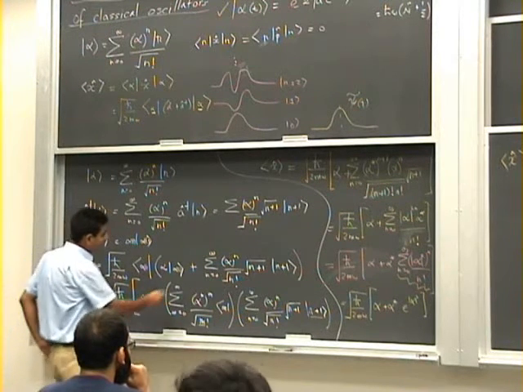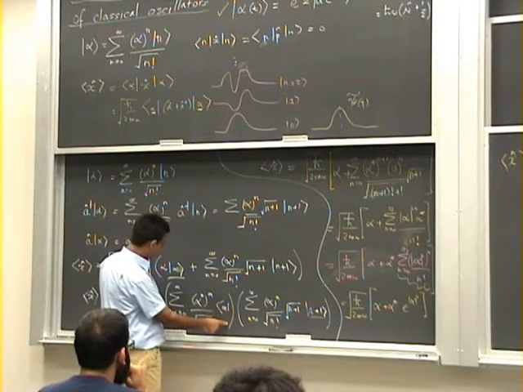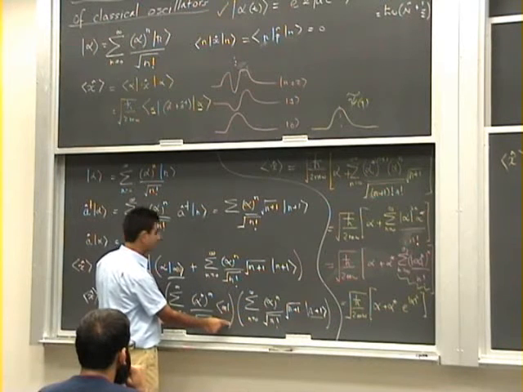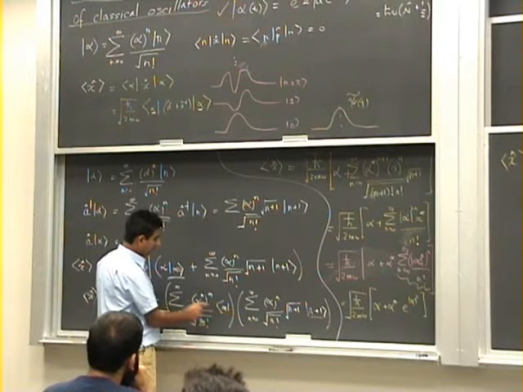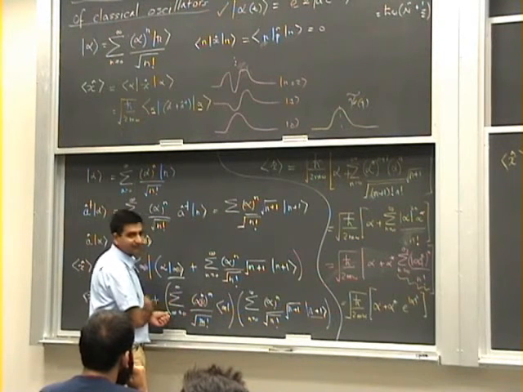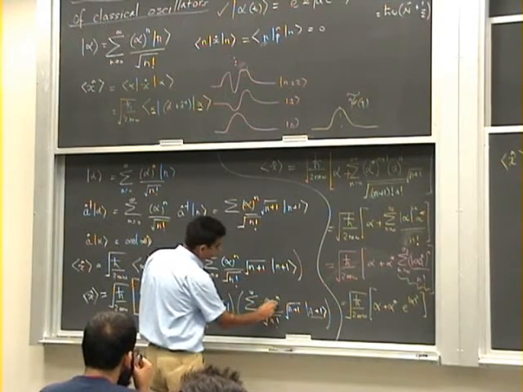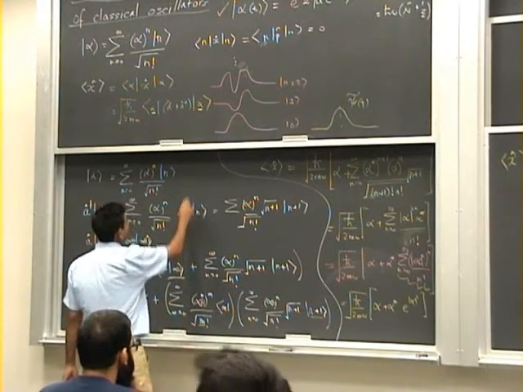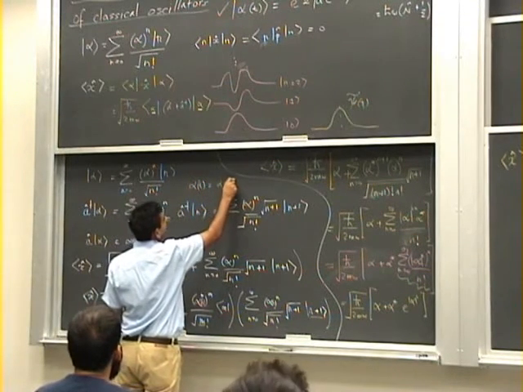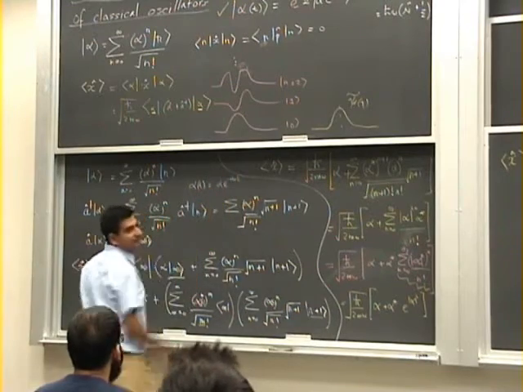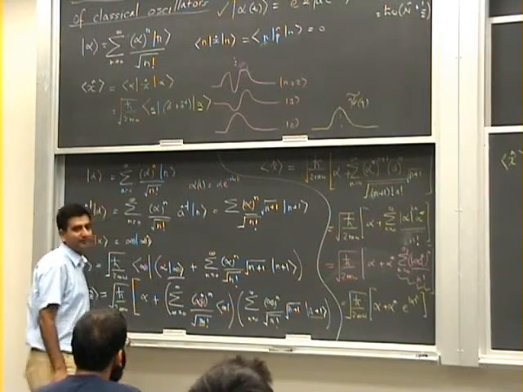So what I've written here assumes that this alpha is constant with time, isn't it? But I have some time dependent factor here, right? And I have a time dependent factor here. And what is that time dependent factor? That time dependent factor is alpha e raised to minus i omega t, isn't it? So I need to put in an e raised to minus i omega t in here as well.